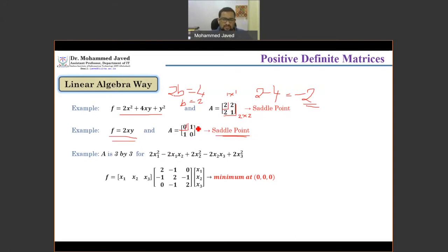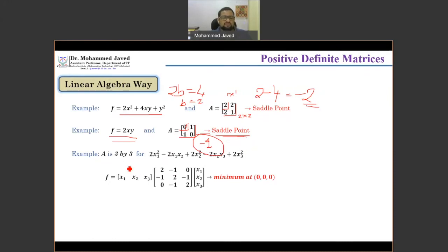Similarly, you can go up to this one, but once the condition is not satisfied here, we need not move forward. But you can see here 0 into 0, minus 1, so the answer is -1. Again, -1 is negative, so this is not positive definite.